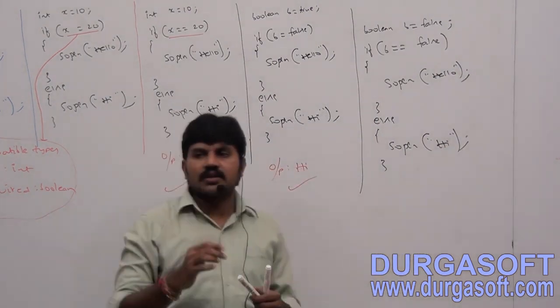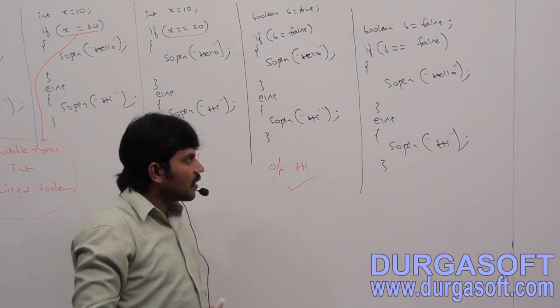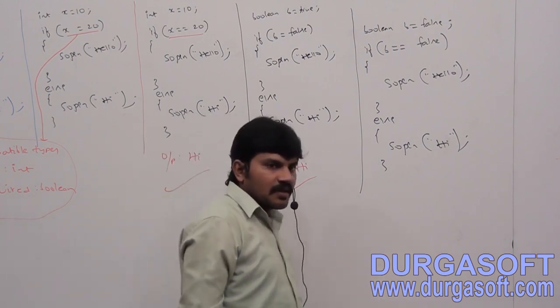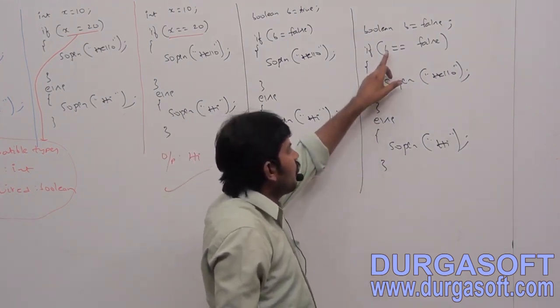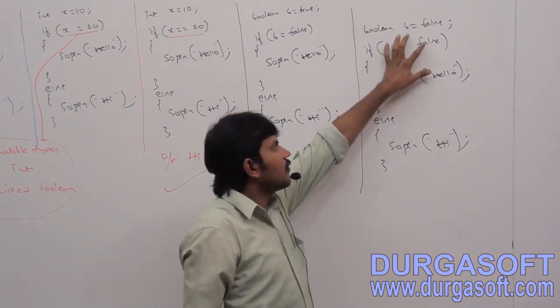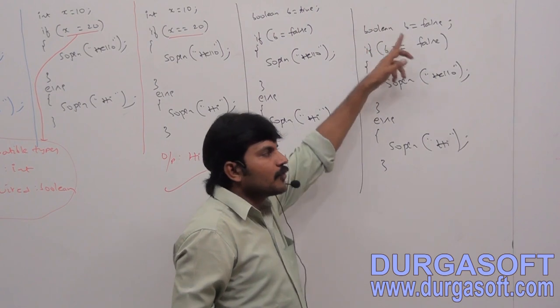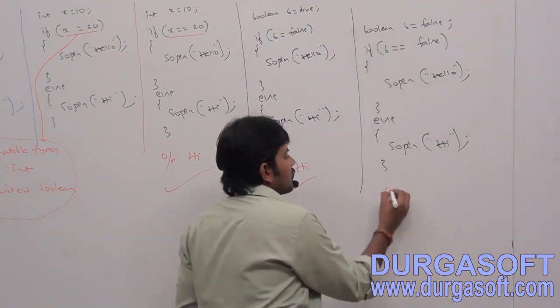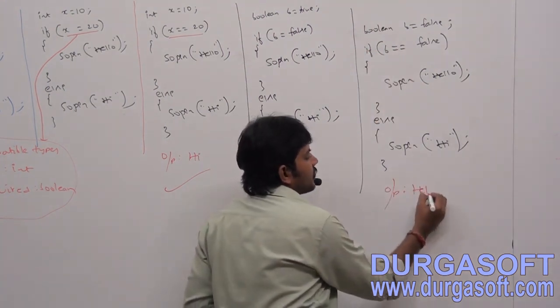Can you tell what answer we will get? Hello or hi or compile time error? Hello, because false and false, are they equal or not? Equal. If both are equal, what is the result? True. If of true means hello is the answer by default we are going to get.